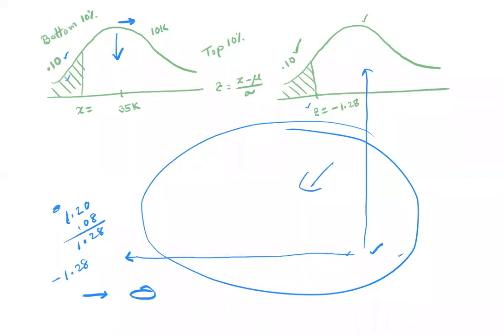Now z is negative 1.28. So what is the corresponding x here? We're going to do z equals x minus mu over sigma. Z is negative 1.28, equal to x minus mu, which is 35,000, divided by sigma, which is 7,000.